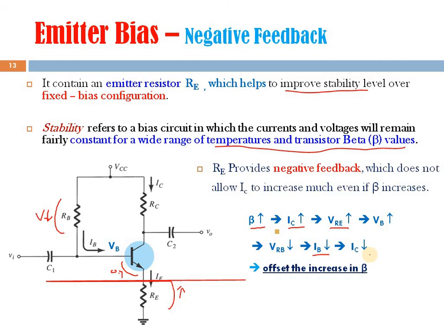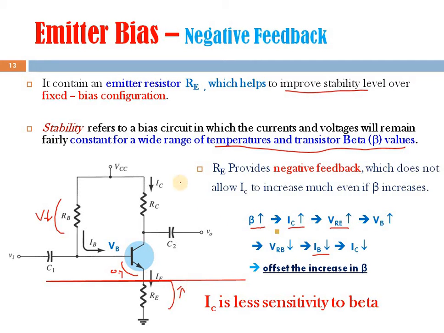So that way we are able to make this circuit in such a way that the IC is now less sensitive to the beta, right? And in the earlier case you have seen that the IC was directly proportional to beta. If beta is increasing, IC was increasing.